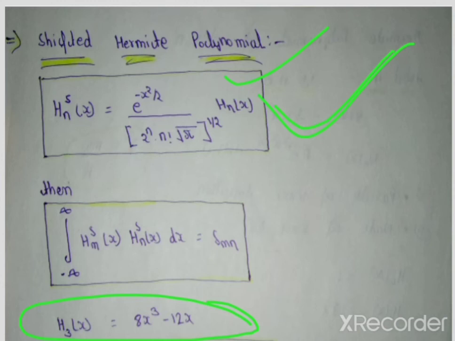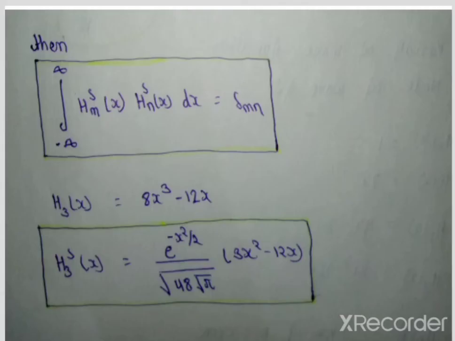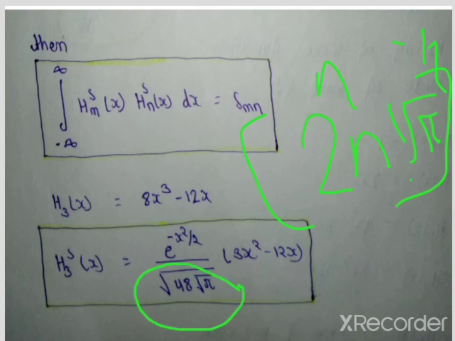The normalization term, (2^n n! √π)^(1/2), after solving we get √48 times √π.